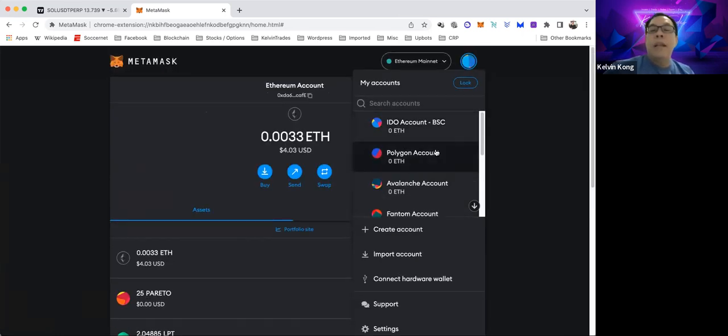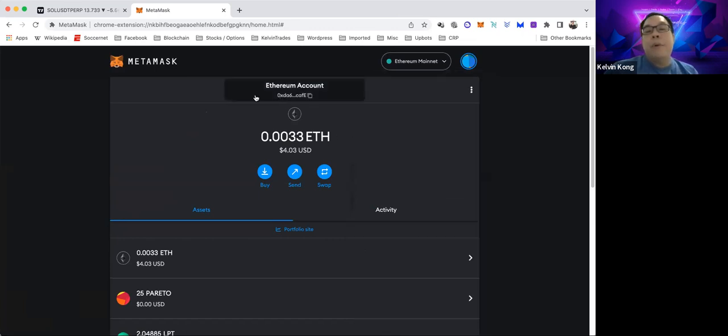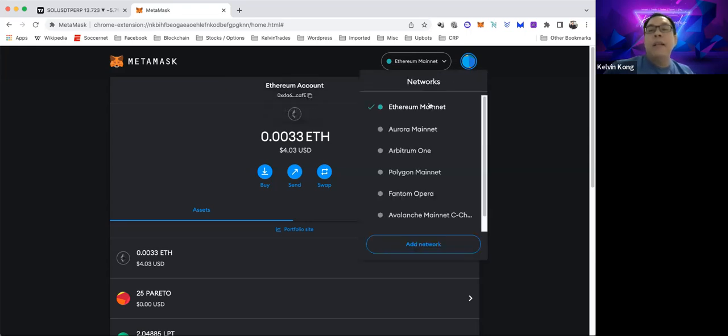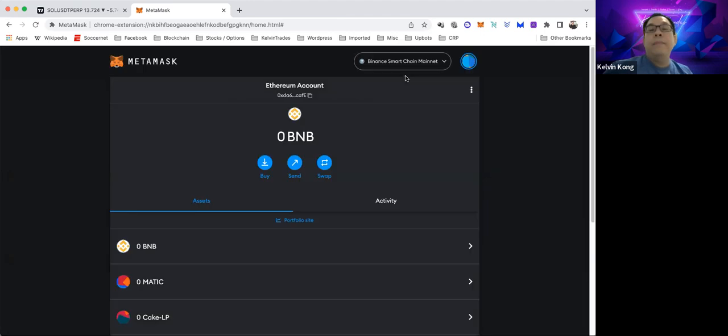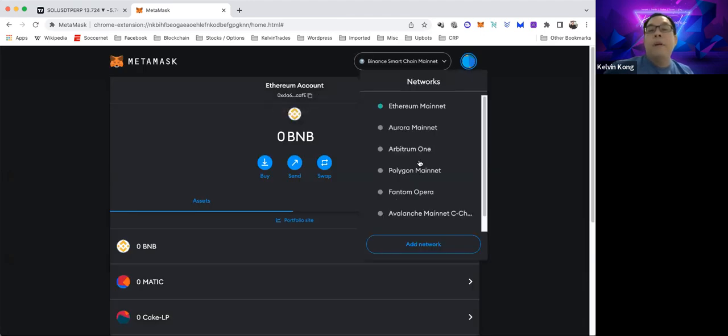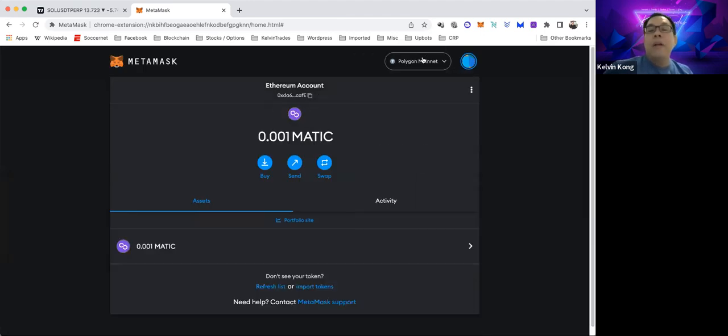Of course, you can use the same wallet for multiple blockchains. It means you can use this wallet, for example, for the Ethereum blockchain, for Binance Smart Chain, for Polygon, because they are all created using the Ethereum blockchain.